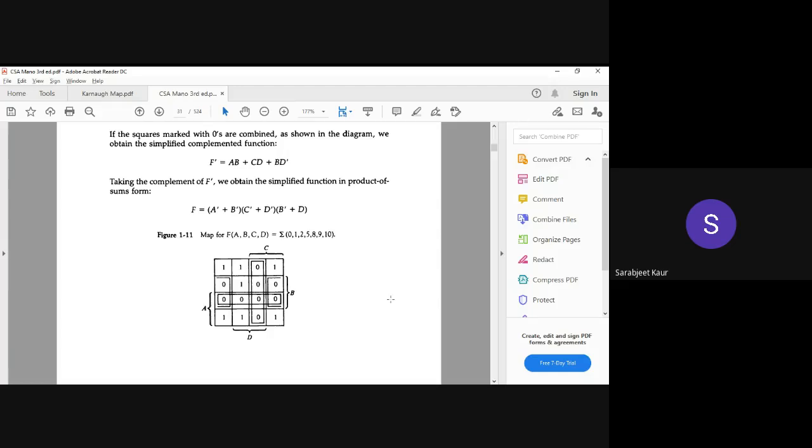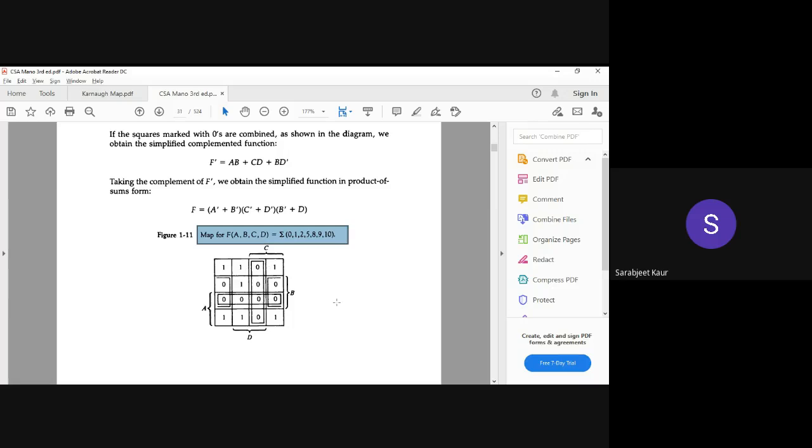So how do we know which squares we have to put as zeros? Either I will be given min terms in the form of sigma, so I will put ones in these squares and then zeros in the remaining ones. Otherwise, I could have been directly given the product of sums form with the max terms only. So directly in those squares, I would have put zeros.